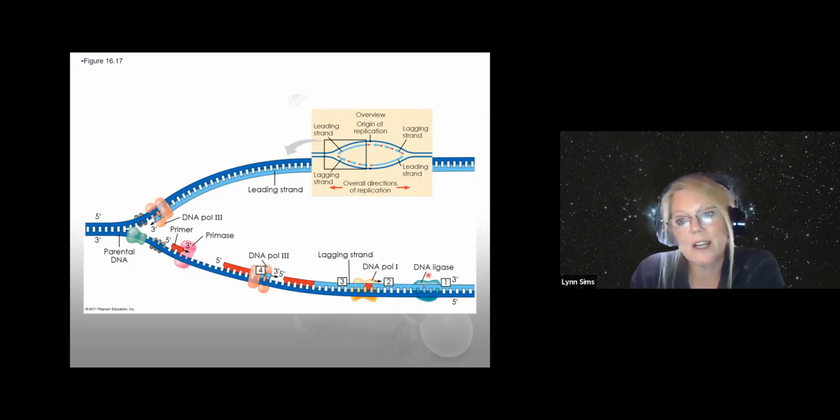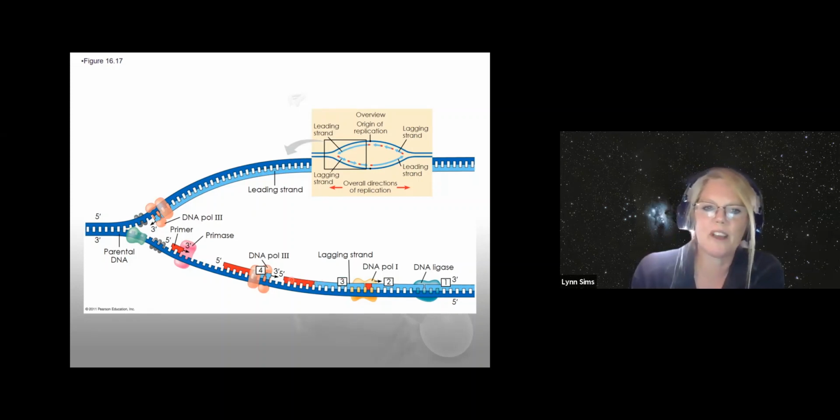Once that's done, DNA ligase will come over here and connect the gap. Back here, this was connecting Okazaki fragment number 3 to 2. And then right here, DNA polymerase 3 is still creating Okazaki fragment number 4. Once DNA polymerase 1 is done replacing the RNA here with DNA, it's going to go back here and replace this RNA with DNA. And then ligase will connect the gaps as it goes along.